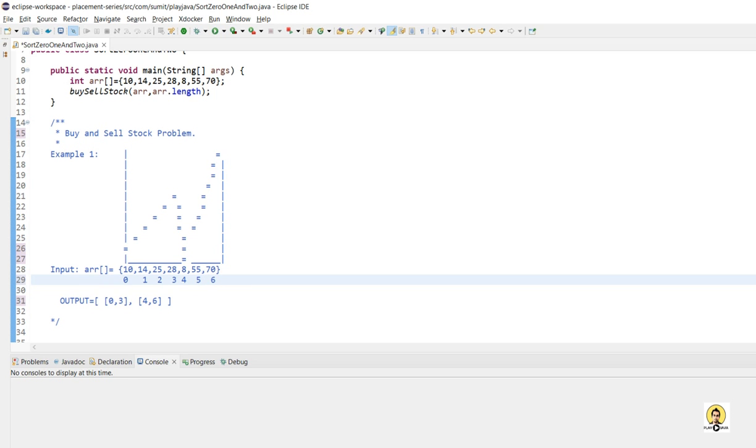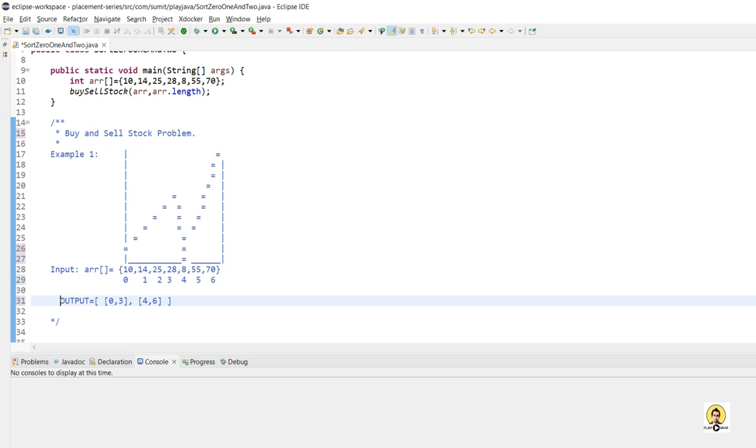In terms of days, I am buying the share at day 0, this point, and selling it at day 3. Again I am buying the stock at day 4 and selling it at day 6. So this should be the output, that is, on what day you should be buying and selling.